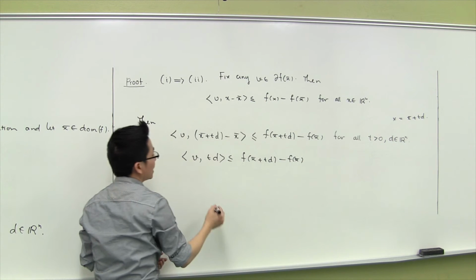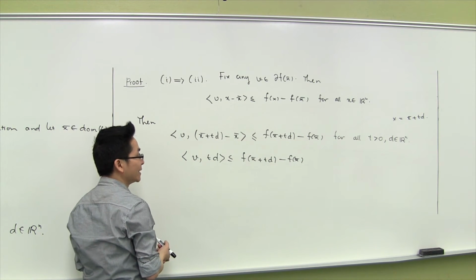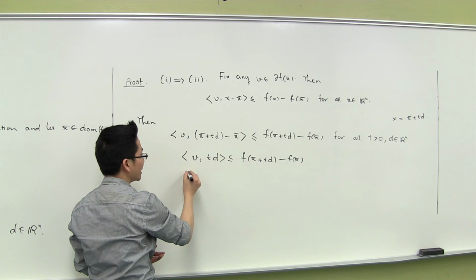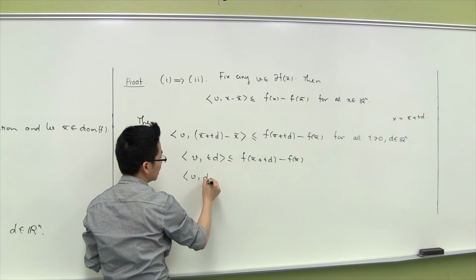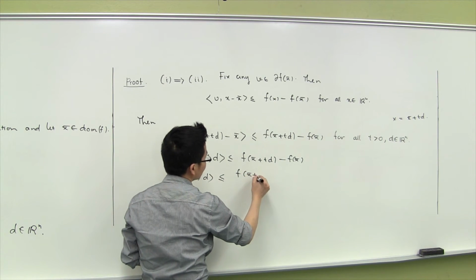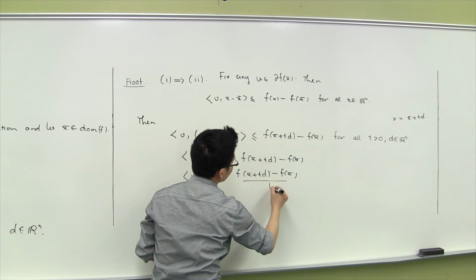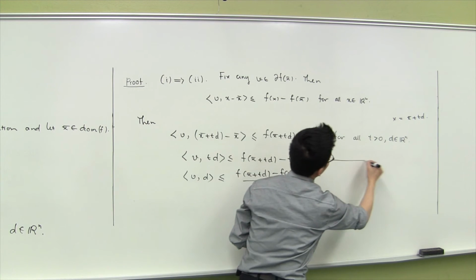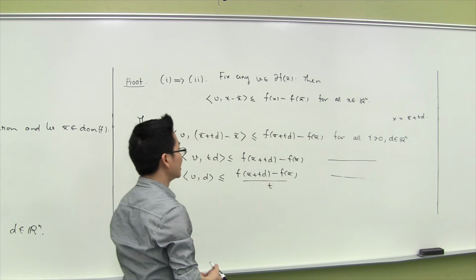Okay, and by dividing both sides of this inequality by t, we obtain the inner product of v and d is less than or equal to f of x bar plus t d minus f of x bar over t.